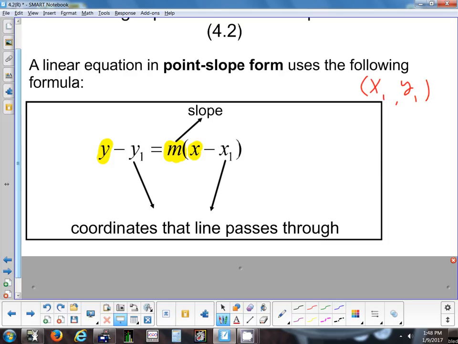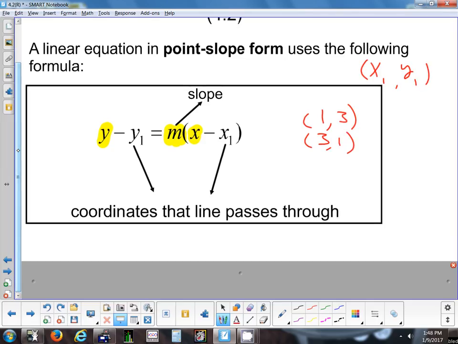Yes, it does. Remember when you're graphing a coordinate, if it didn't make a difference, then that means this would be the same as that. 1, 3 and 3, 1, you can't switch the order. You have to put the x first and then the y. Everybody have that formula?